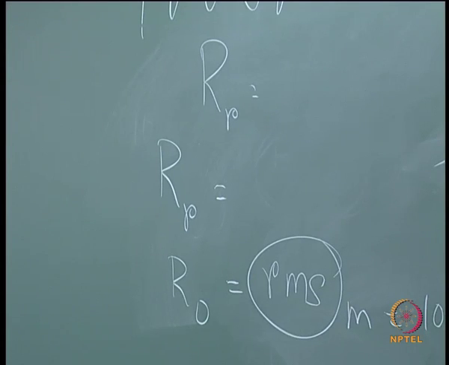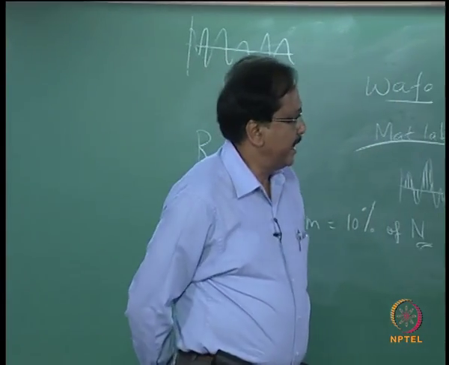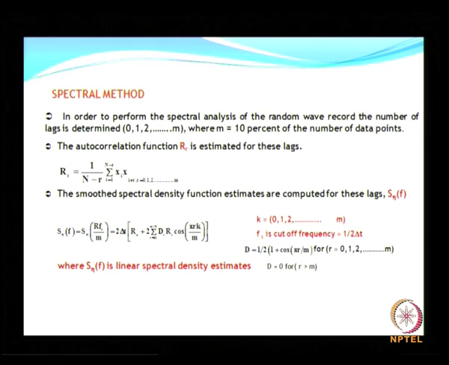So now you see that the smooth spectral density estimates are estimated for the different lags by using this expression, where D_r is given by this expression, where r is ranging from 0 to m, and D equal to 0 if r is greater than or equal to m.